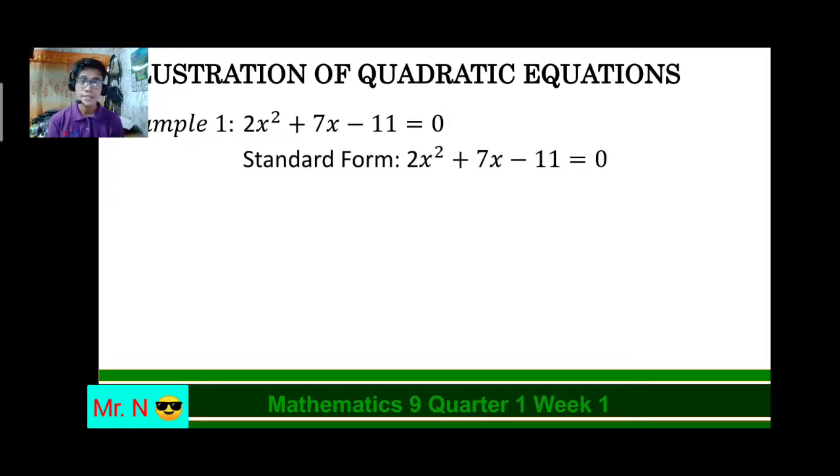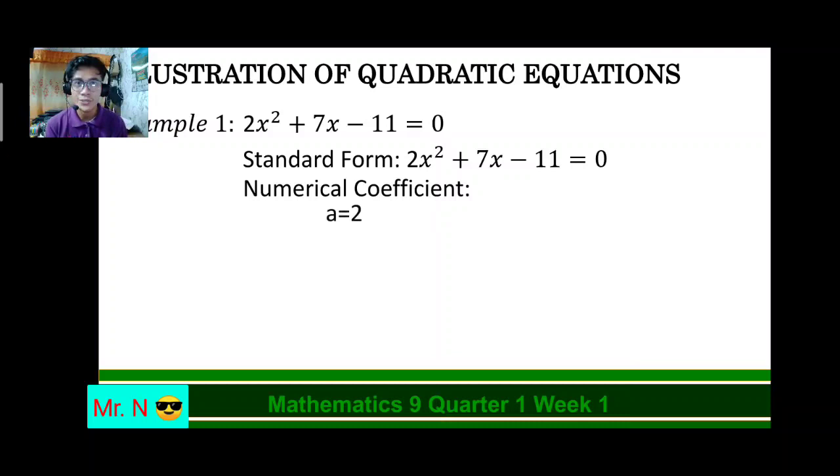And now, let's identify the numerical coefficients, the values of A, B, and C. So, yung A, makikita natin siya sa quadratic term. Yung B naman, sa linear term. And C, constant term.